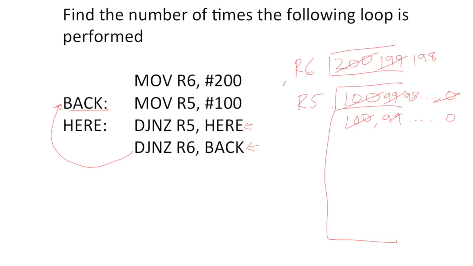So essentially you will find that the outer loop iterates 200 times, and for each iteration of the outer loop, the inner loop iterates 100 times. So these two loops will iterate for a total of 200 by 100, which is 20,000 times.